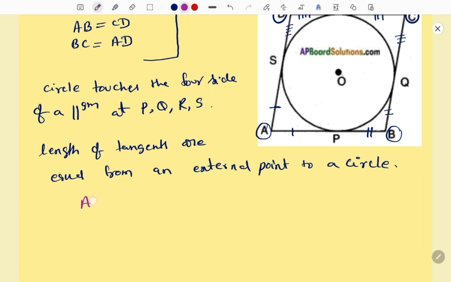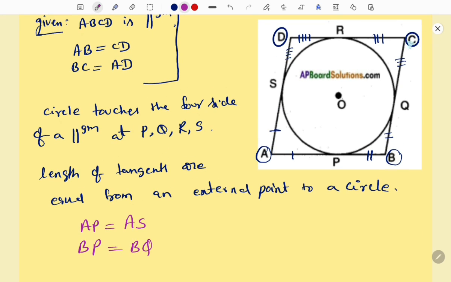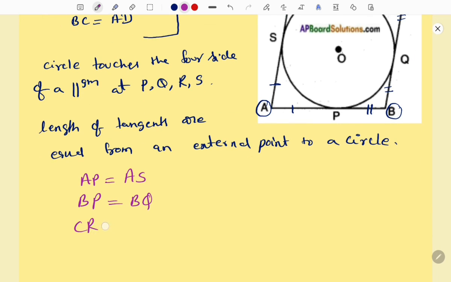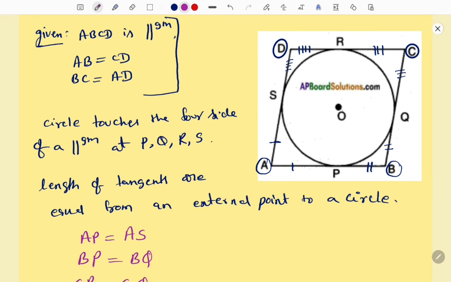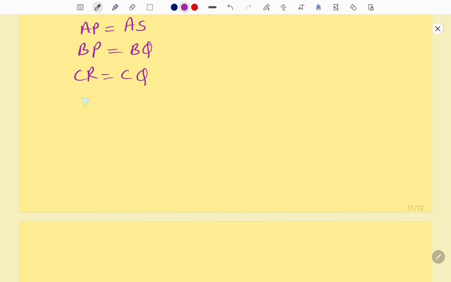Next B, BP is equal to BQ. Next C, CR is equal to CQ. Next D, DR is equal to DS.